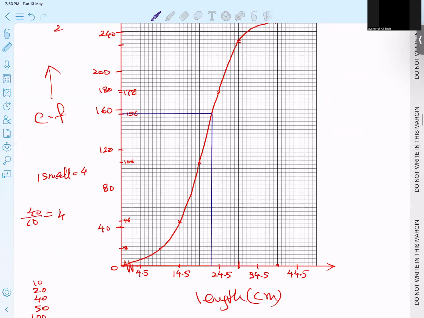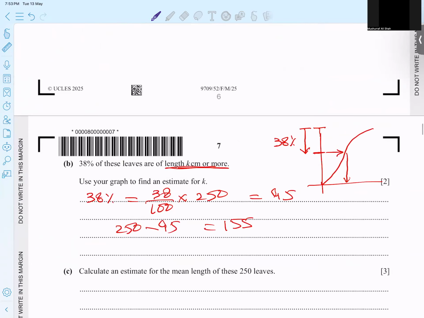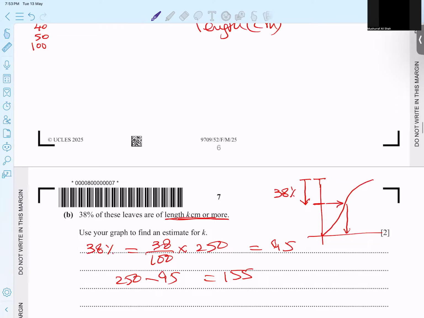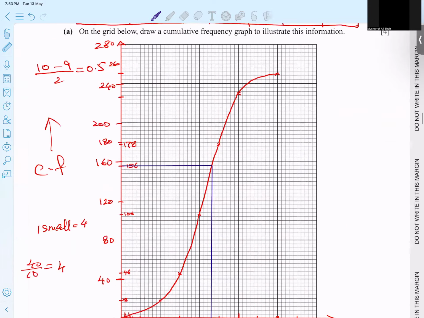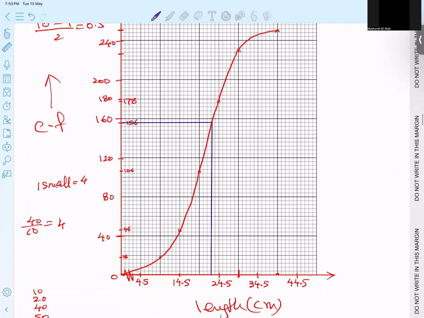We have here, just a minute. He's asking, find the estimated K value, 38% believes K or more. K or more, so it means I have to subtract from 250, 250 minus 155. My answer is coming here 95.